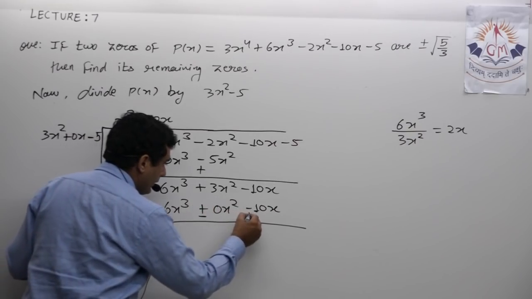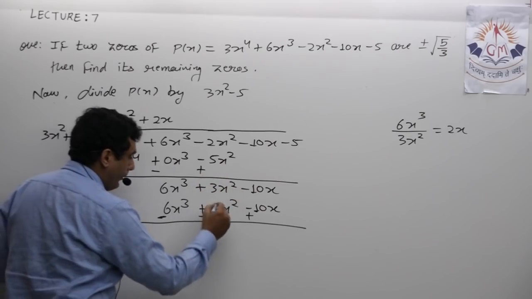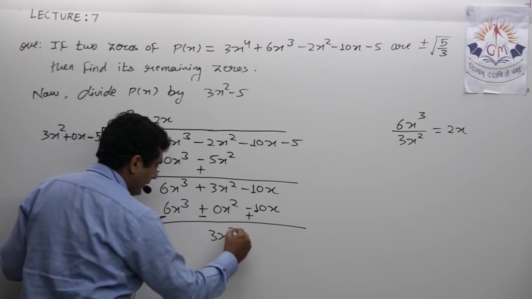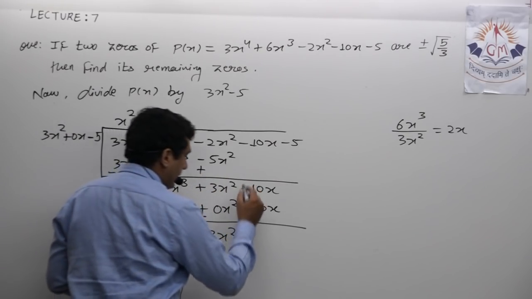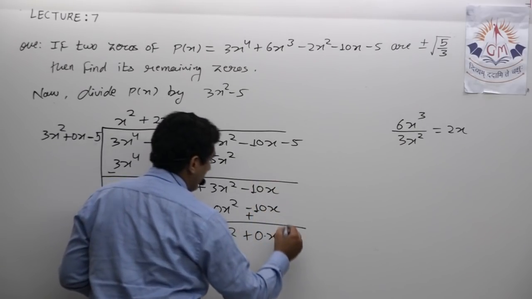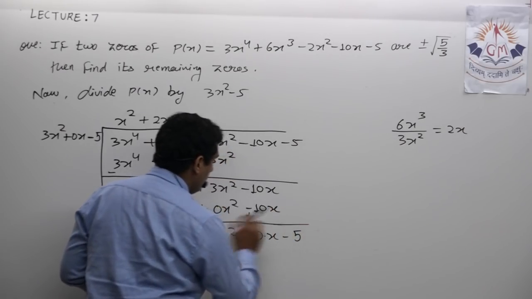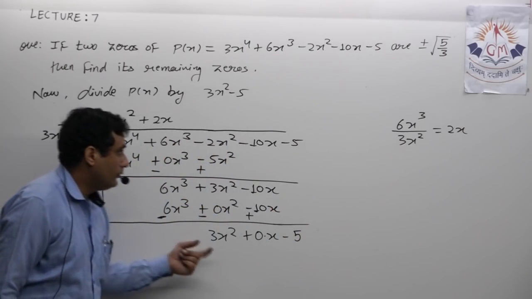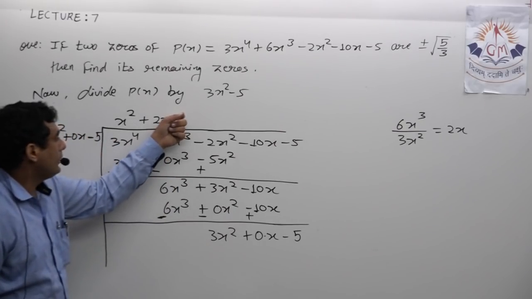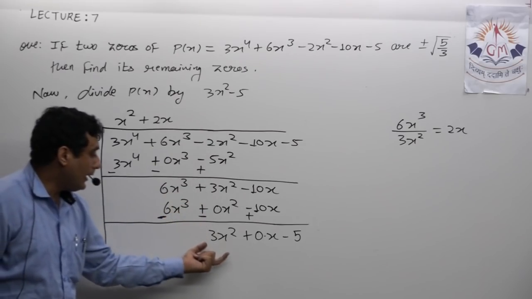This is negative, this is positive. So here these two will cancel out. 3x square minus 0x square is 3x square. Minus 10x plus 10x, that is 0x, and then I will bring down the last term, that is minus 5.